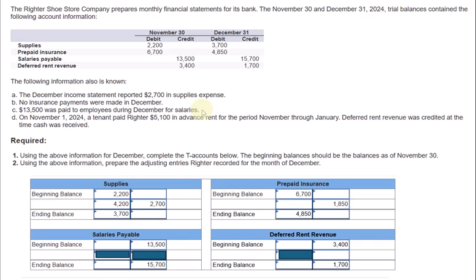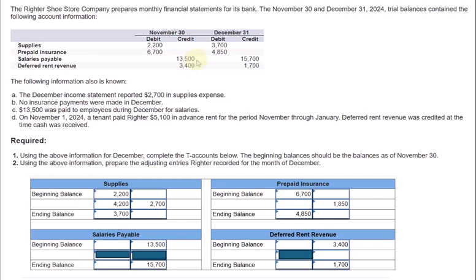So the way this typically works is we get to the end of the payroll period and the business accrues for salaries, but they don't pay the employees for some time.